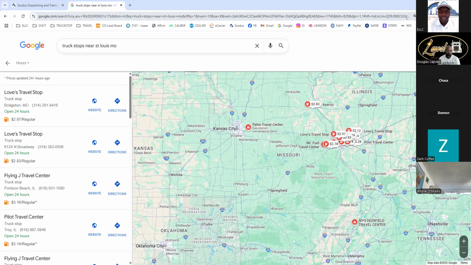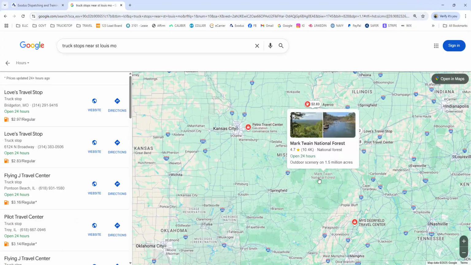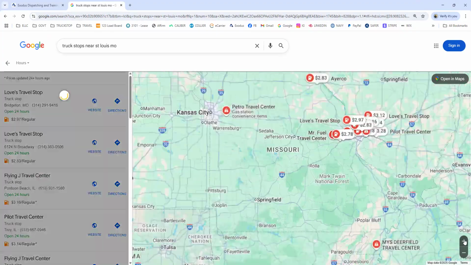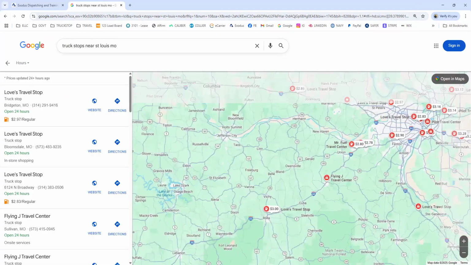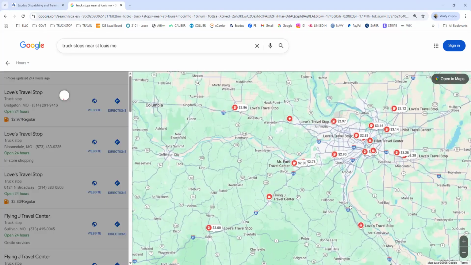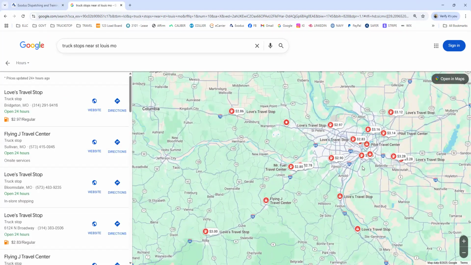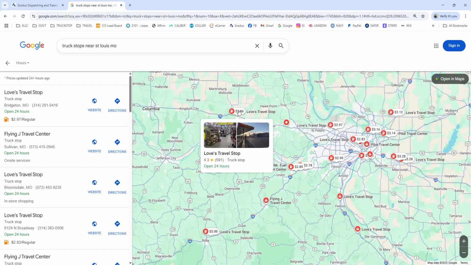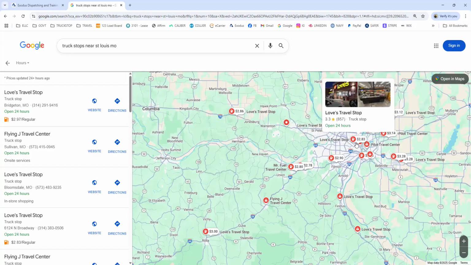So you got these interstates right here, and we can kind of expand it a little bit. But yeah, look at this. I'm sure you're familiar with these routes. Interstates 44, 55, 64. Yep. And they're giving you the diesel rates or the regular fuel rates, but these are truck stops.